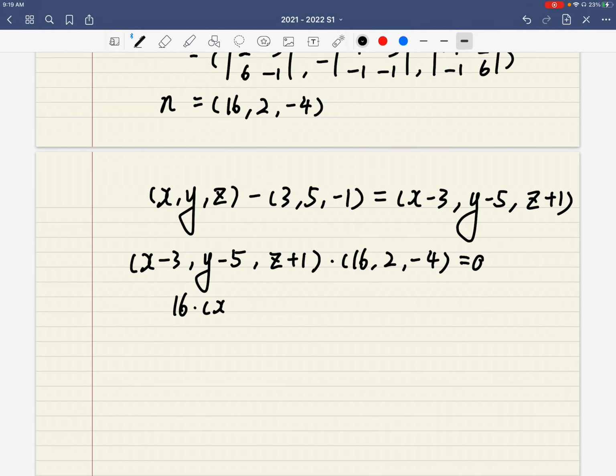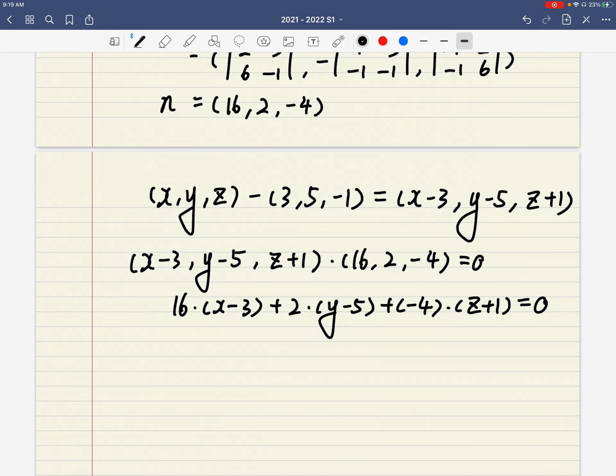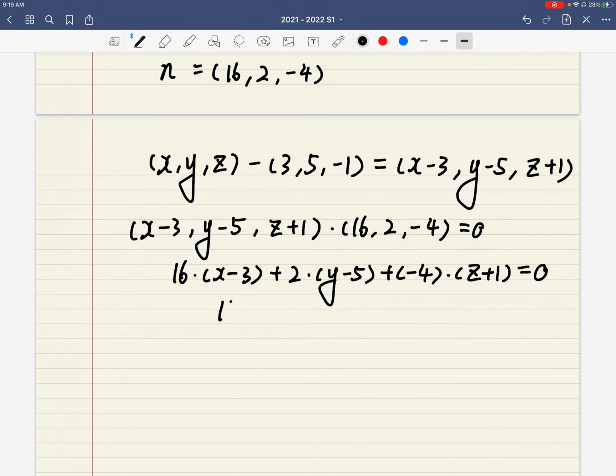So 16 times x minus 3 plus 2 times y minus 5 plus -4 times z plus 1 is equal to 0. So it's 16x minus 48 plus 2y minus 10 minus 4z minus 4 is 0.